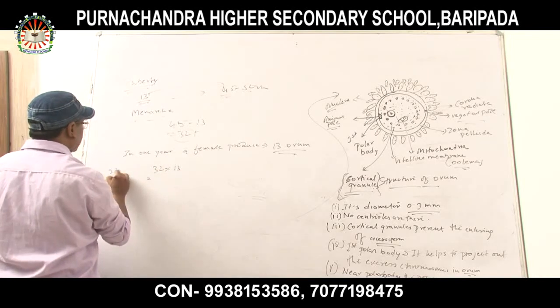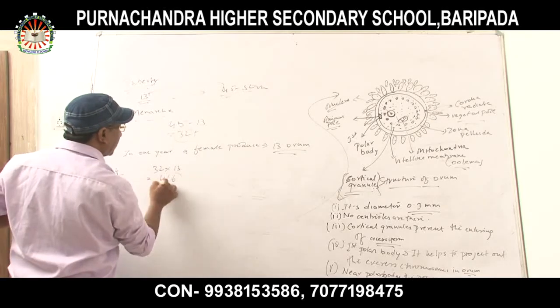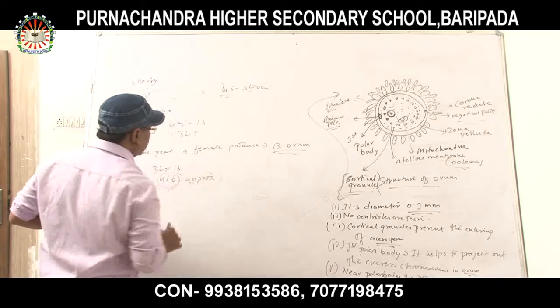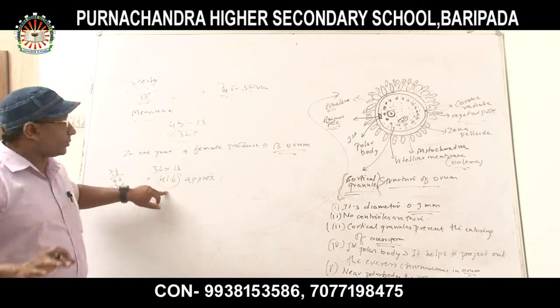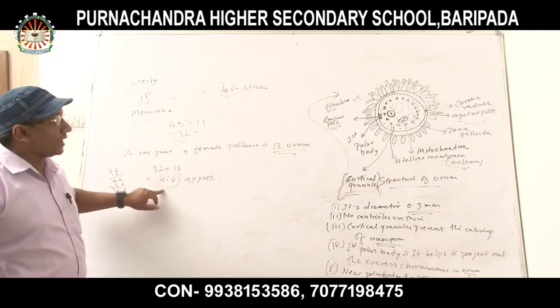Calculate it. It is near about 416. So approximately 416 ova are produced in their lifetime.